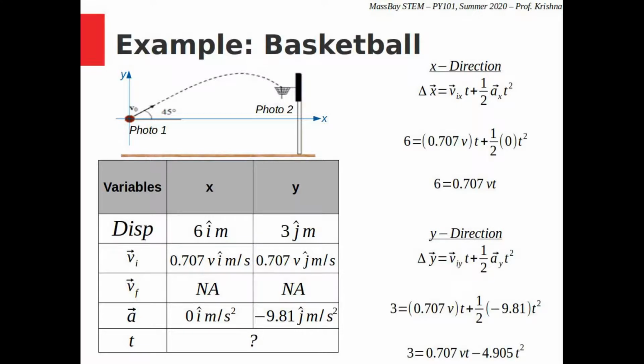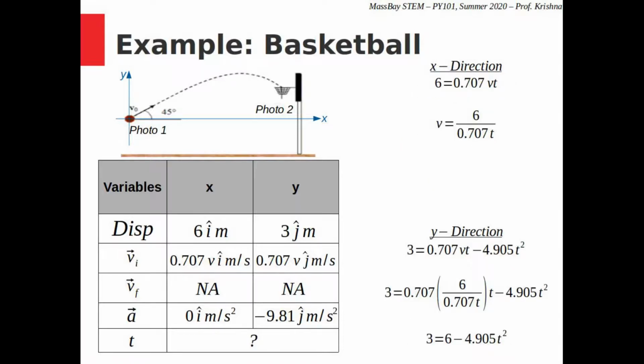In the x direction, toolbox equation 2 becomes 6 equals 0.707 times vt. And in the y direction, toolbox equation 2 becomes 3 equals 0.707 vt minus 4.905 t squared. We solve these by rewriting the equation in the x direction so that v is isolated.